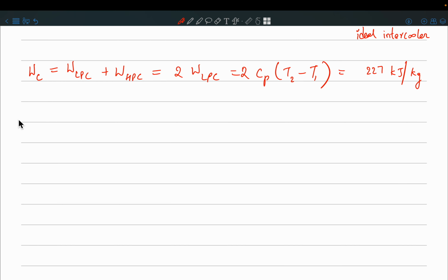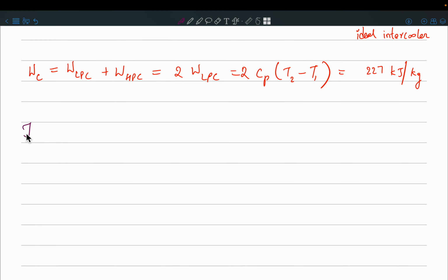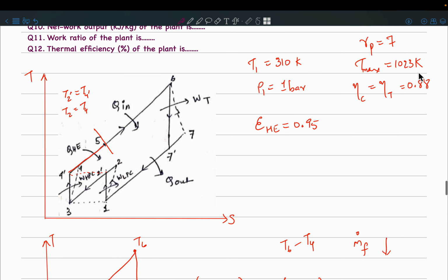Okay, then the next part is solving for the turbine. So for the turbine, we have the inlet temperature, right? Because we have the maximum possible temperature, that is T6, that is given to us. The maximum temperature is 1023 Kelvin.